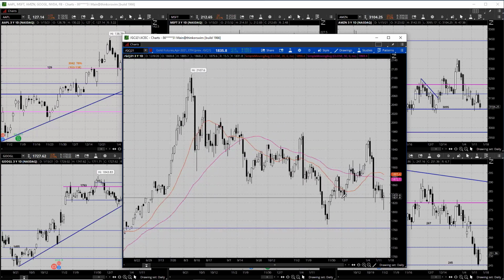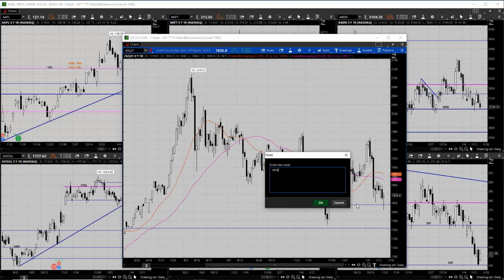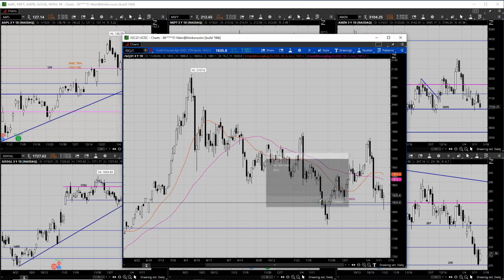Do have a little bit of a hammer. And right there, 1814. So here. So we are defending this level right here, which is 1816. And that's here with the April, which we should be moving on to April anyway.